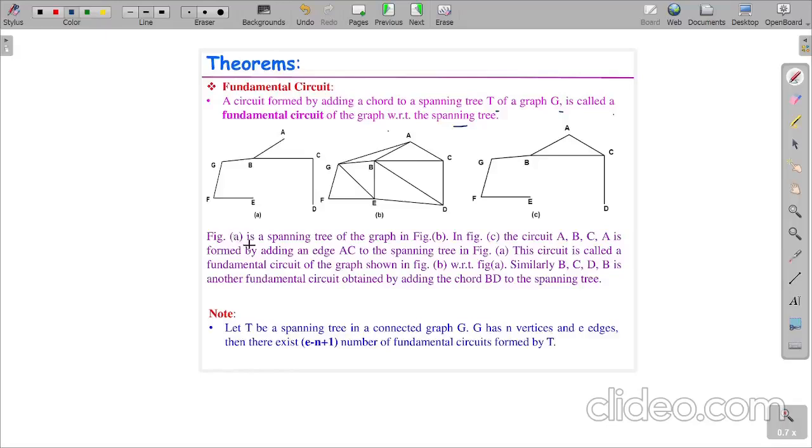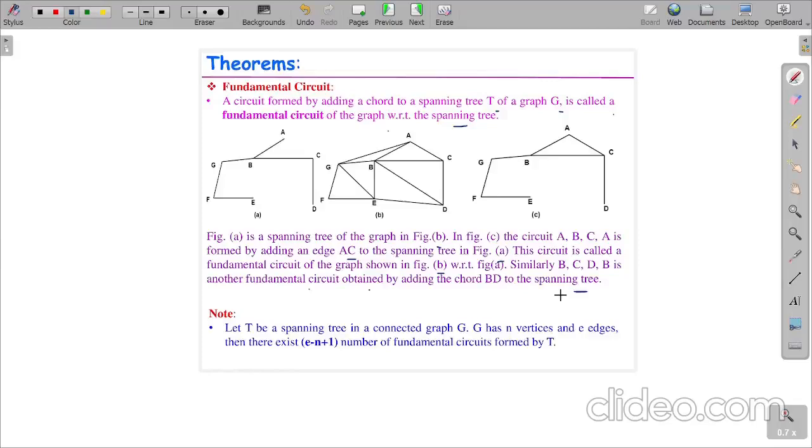In the figure, A is a spanning tree of the graph in figure B. In figure C, the circuit ABCA is formed by adding an edge AC to the spanning tree in figure A. This circuit is called a fundamental circuit of the graph shown in figure B with respect to figure A. Similarly, BCDB is another fundamental circuit obtained by adding the chord BD to the spanning tree A.